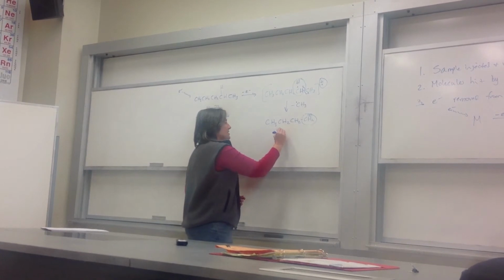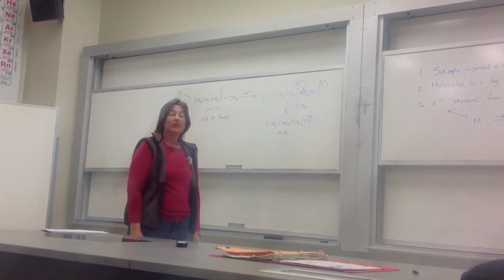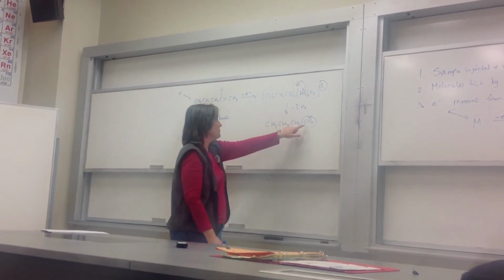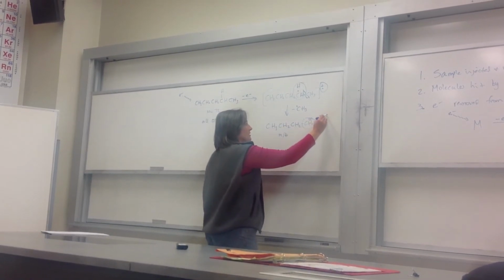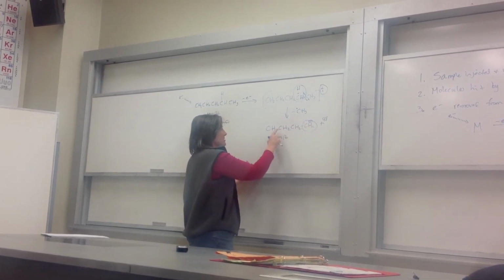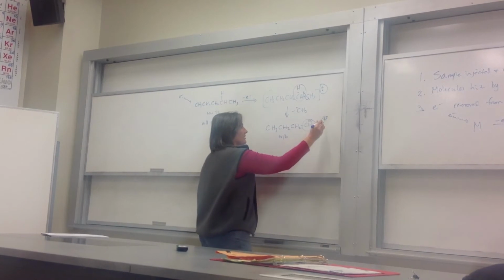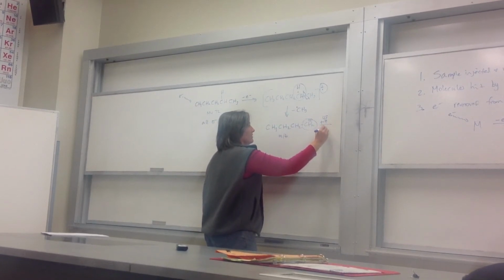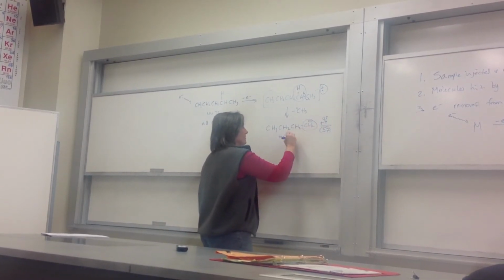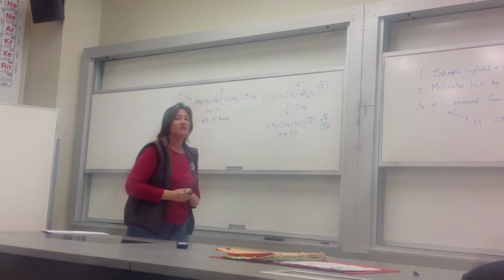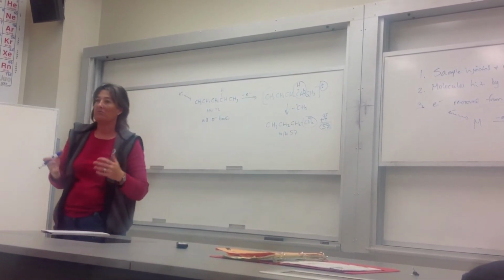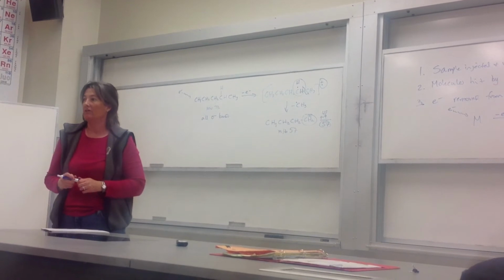Looking at this guy's mass, just count it up. 1, 2, 3, 4, so that's 48. Plus 3, 4, 5, 6, 7, 8, 9. 57. So we should see a peak, if this works, at around 57.